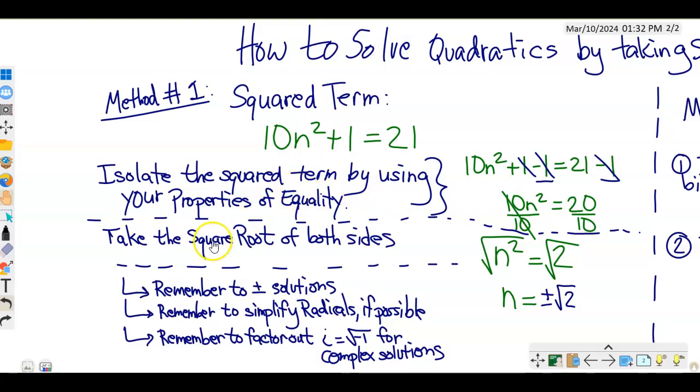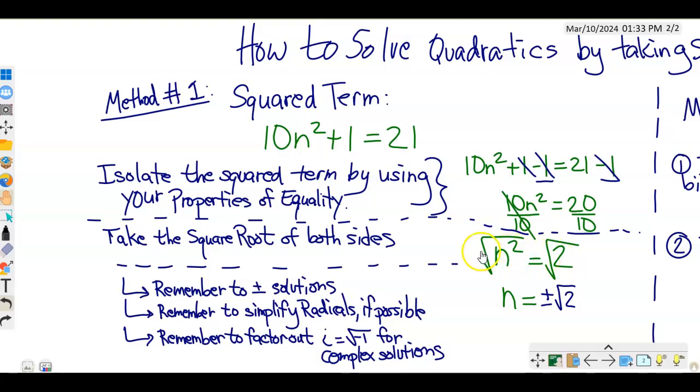So now I'm ready for step 2, which is to take the square root of both sides. Okay? And you can see here, here's my isolated squared term. And after I divide 20 by 10, I have 2 on the other side.